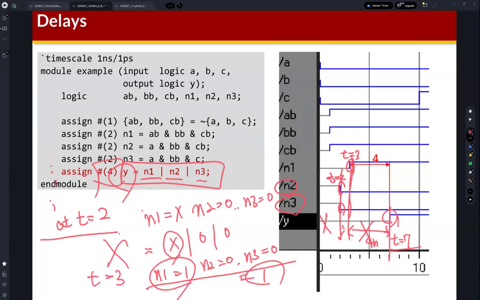All statements are executed sequentially in normal programming languages, but in system Verilog or other HDLs, we need to consider time, right? This is very important.